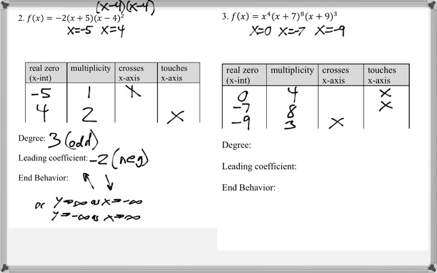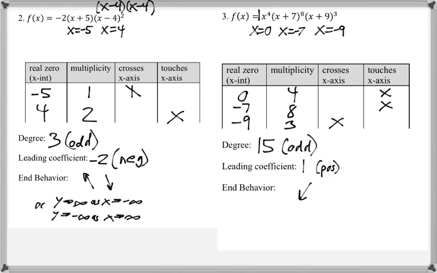My degree, again without having to FOIL and distribute everything out here, if you just add up the multiplicities, 4 plus 8 plus 3, you get 15, and that tells us the degree. That is odd. The leading coefficient, there's actually a 1 here, an implied 1. So that is going to be our leading coefficient, which is positive.